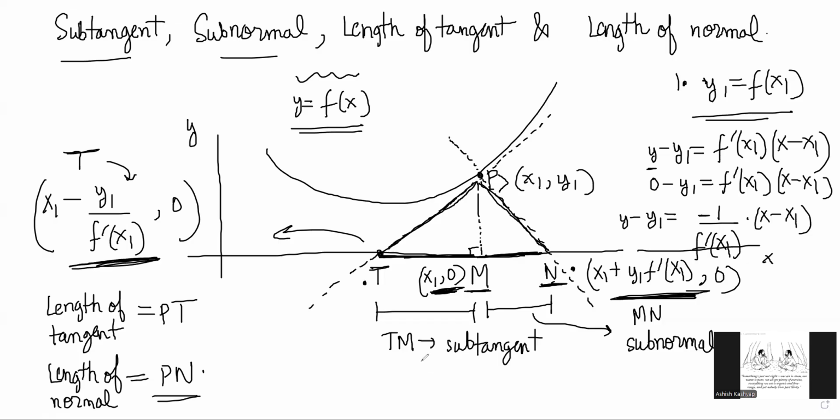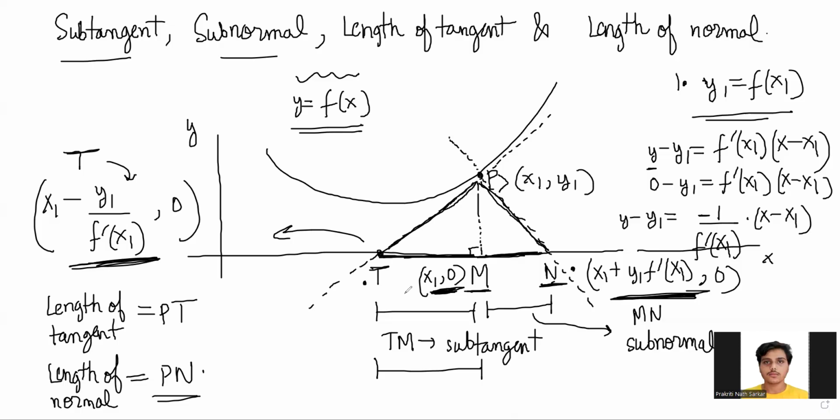So now it is obvious how to find the distances and all. You can find all the relevant distances, right? For example, subtangent would be x1 minus this. So can you see that subtangent length is coming y1 by f dash x1? Right?